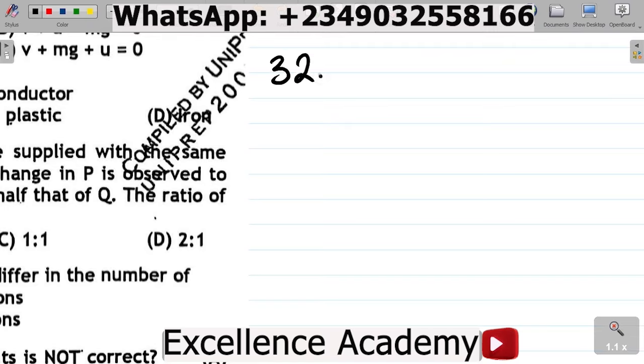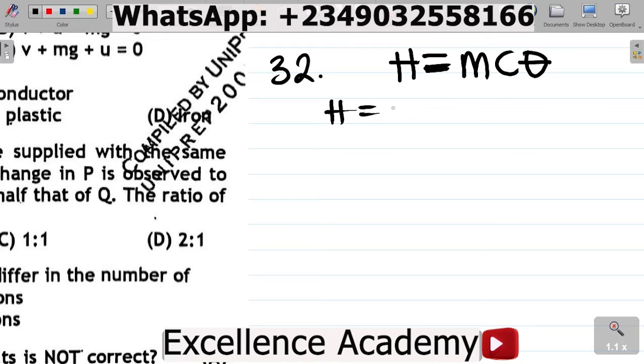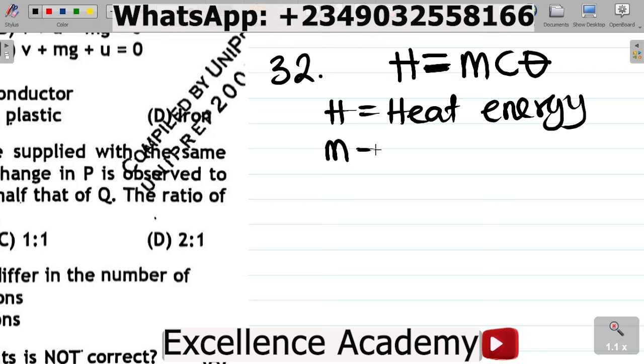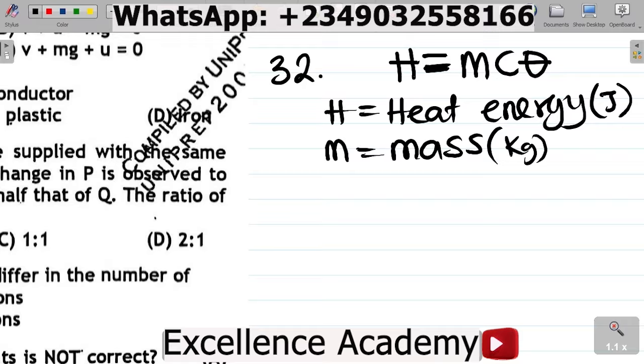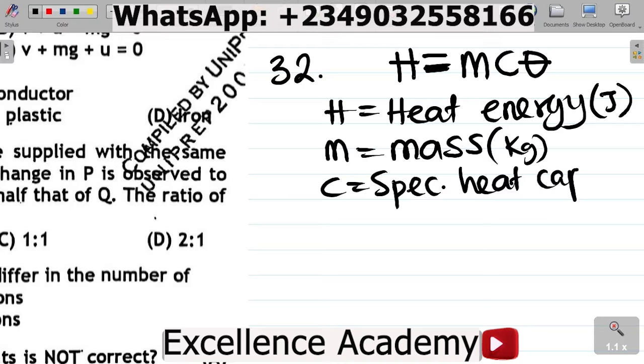The formula that relates all of this is given by H equal to mc theta, where H is simply heat energy in joules, m is mass in kilogram, c is specific heat capacity, and theta is simply your temperature change. All right, so you have this.